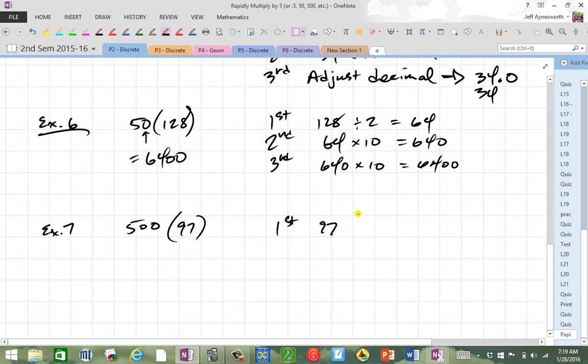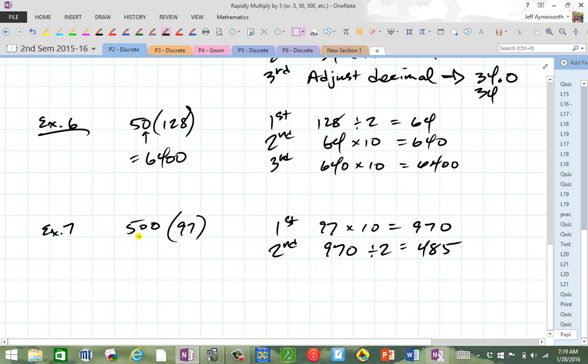So it's 97 times 10, that's 970. So I'm going to multiply by 10. Secondly, I'm going to divide by 2. So 970 divided by 2. Okay, let me see, half a thousand is 500, so this is under 500. Or it's 400-something, right? So half of 900 is 450, and half of 70 is 35. So 450 and 35 is 485.